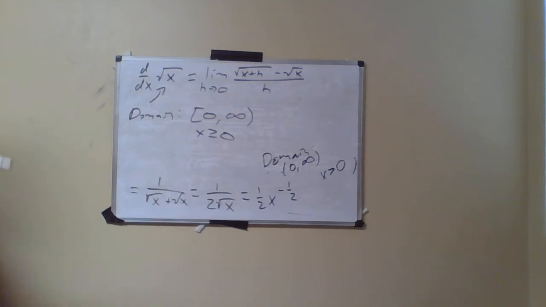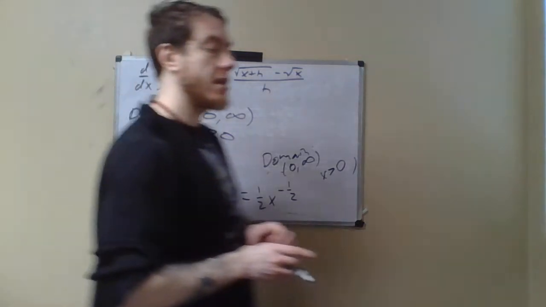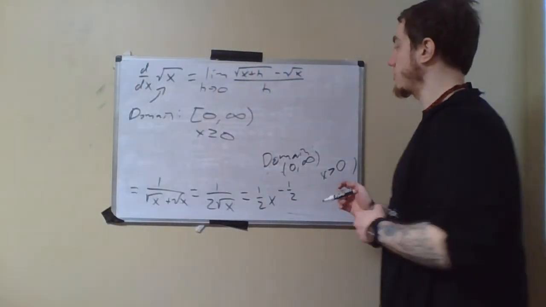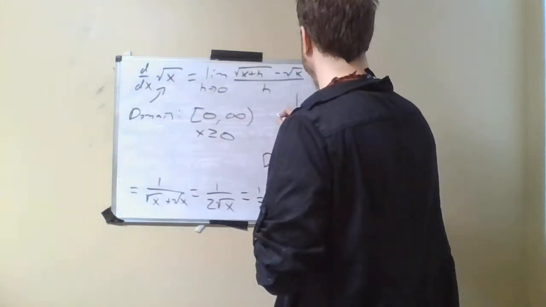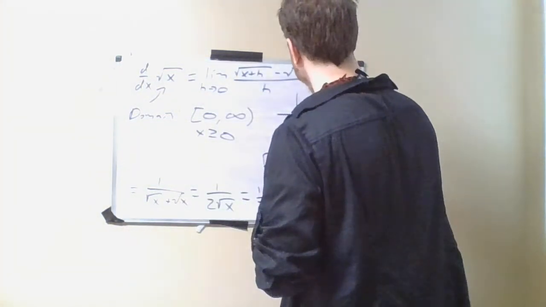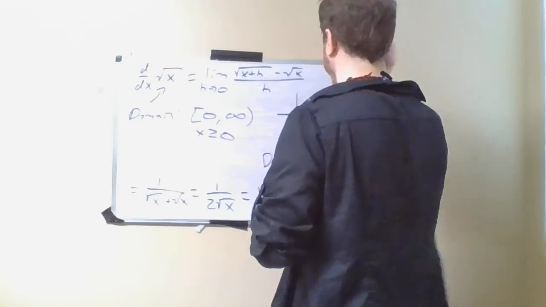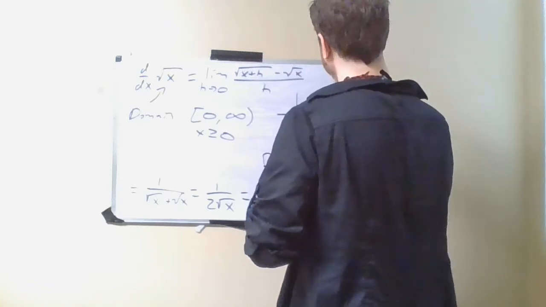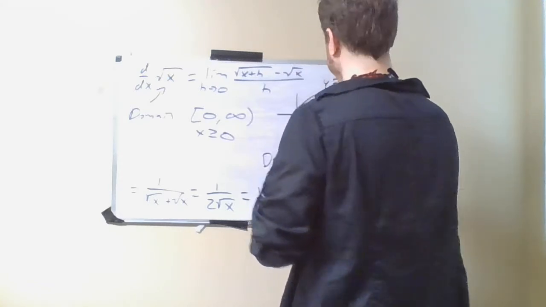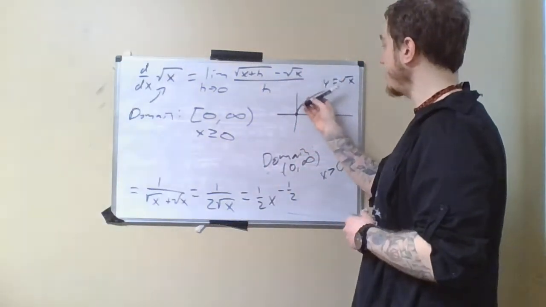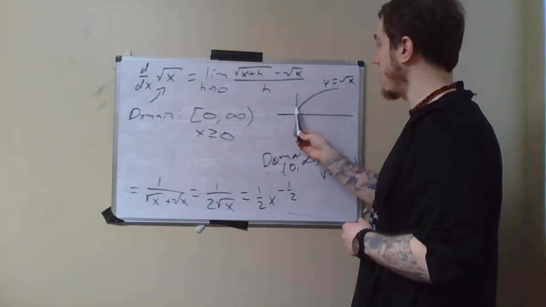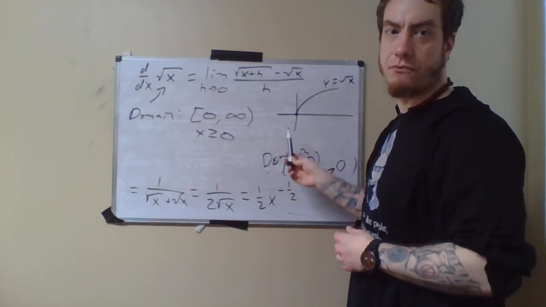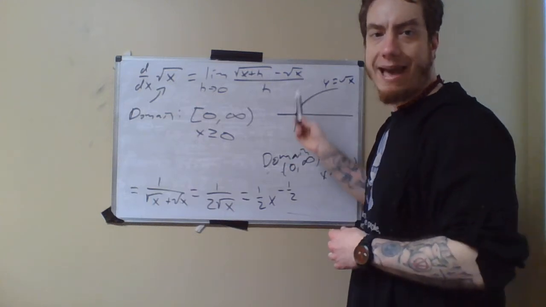Actually, if you look at what is going on with the curve y equals square root of x, the square root of x looks like half of a parabola turned on its side. Well, what's happening is that the slope of the tangent line, as we come in towards 0, ends up having a vertical slope at that point.